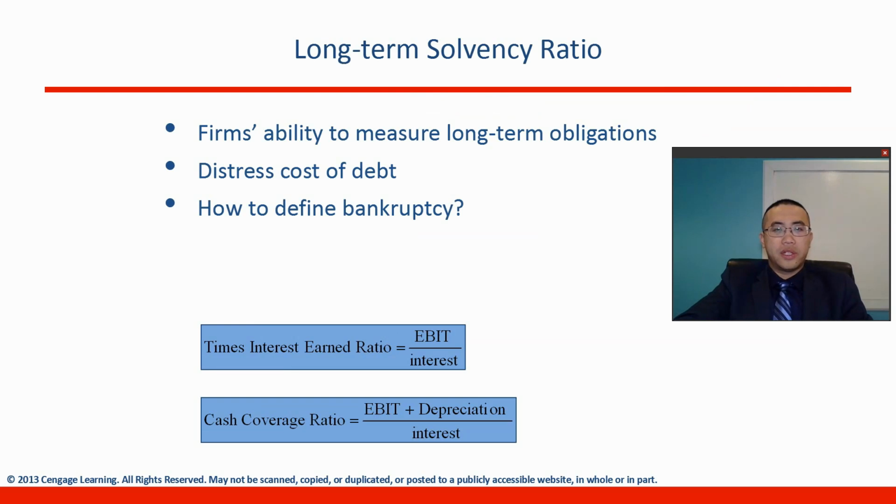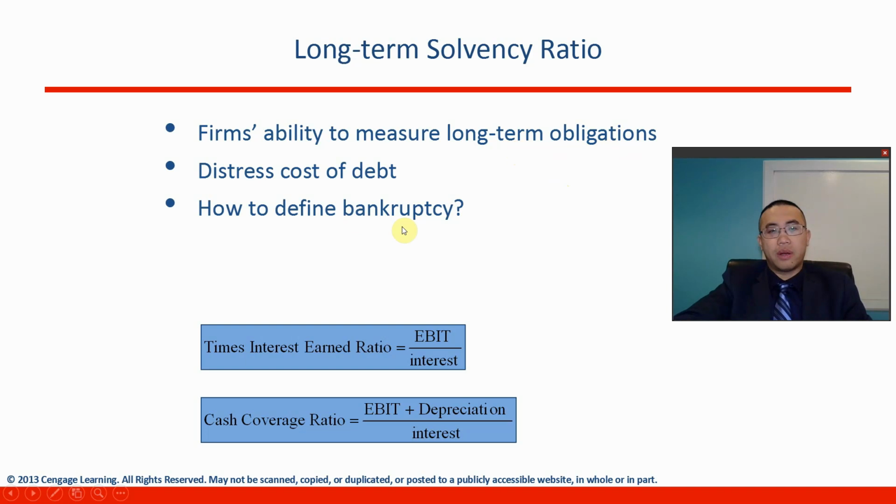And then we will discuss the long-term solvency ratios. Liquidity is really about the short term, the firm's ability to meet short-term obligations. But for long-term obligations, we call it solvency ratio. If the firm is unable to make its long-term obligations, then the firm is basically bankrupt.